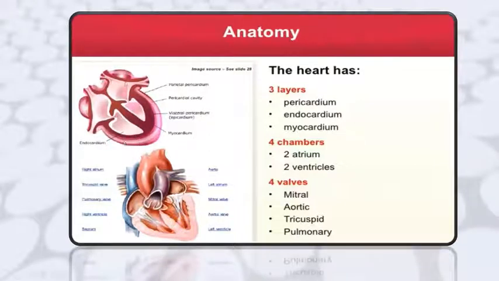Between the left atrium and left ventricle there is a valve called the mitral valve or bicuspid valve. From the left ventricle, blood enters the aorta, and between the left ventricle and aorta there is the aortic valve. So these are the four different valves in the heart.